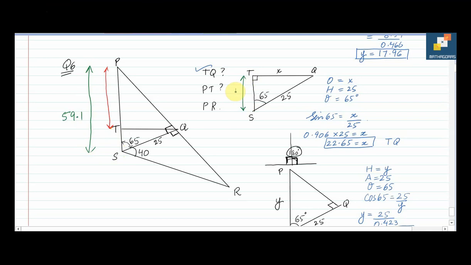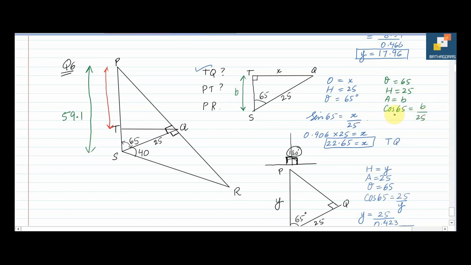Let's suppose the value of TS is B. So theta is 65, hypotenuse is 25, and the value of adjacent is B. Now adjacent and hypotenuse comes in cos, so cos 65 is equals to adjacent divided by hypotenuse.